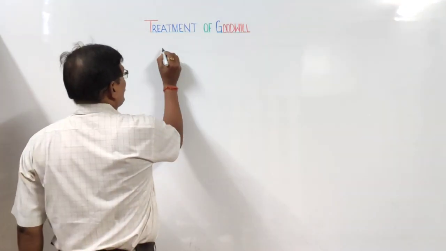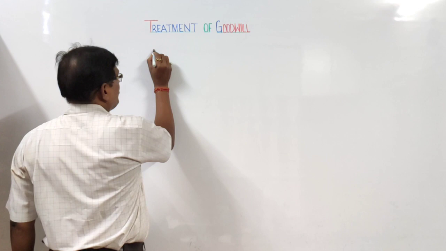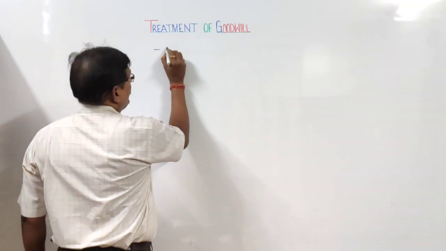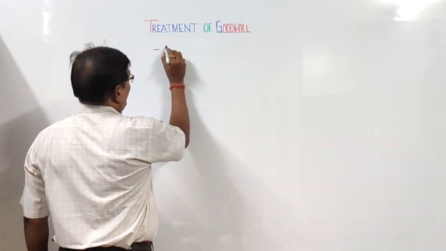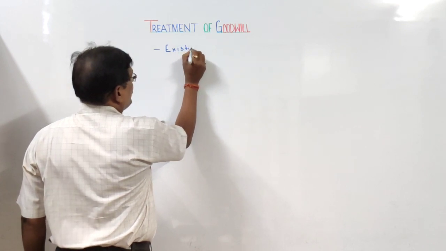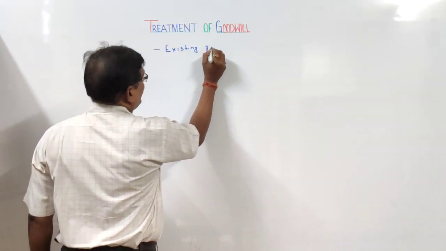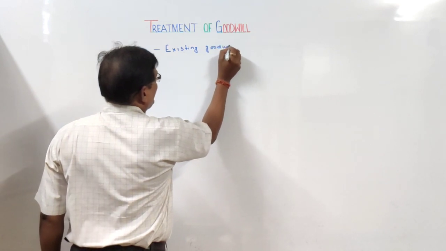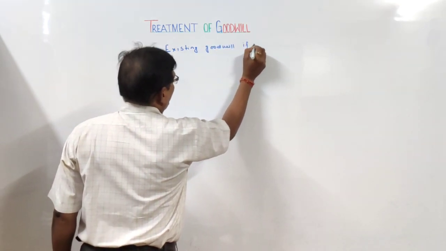First step: the existing goodwill, if any, that is appearing in the balance sheet, right?